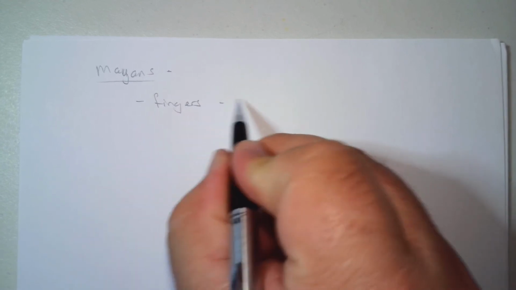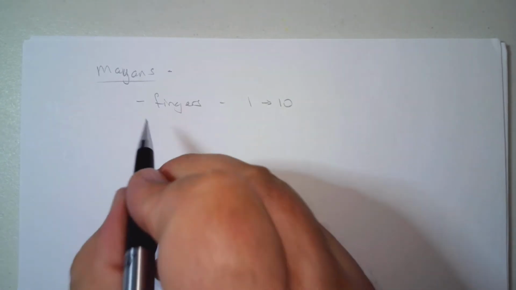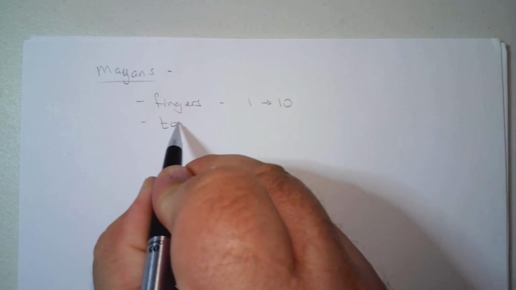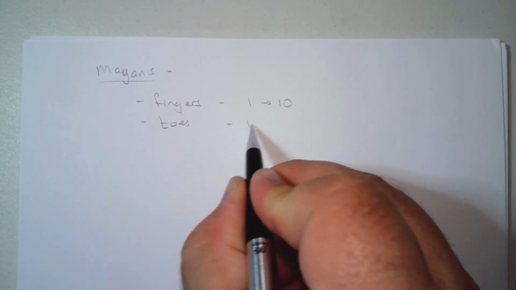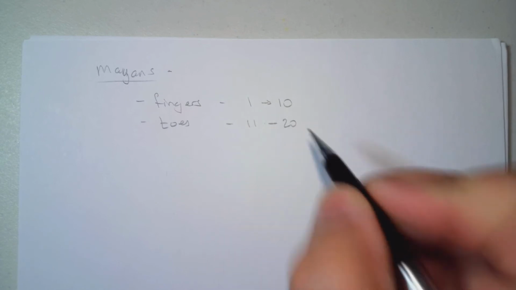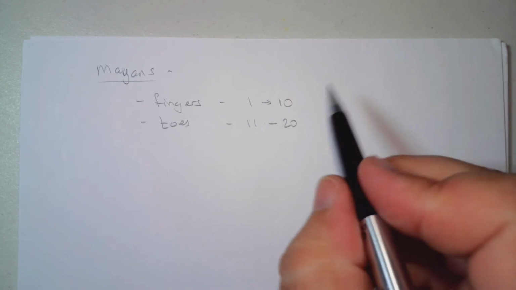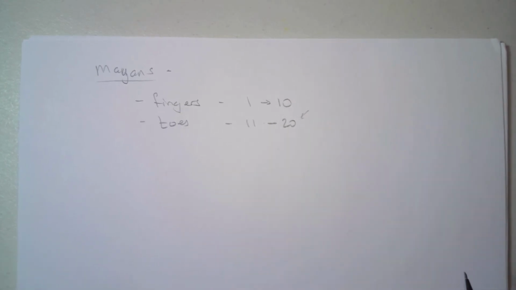With the fingers, they can count from 1 to 10. And since they're in the tropical rainforest, they have their toes, so they can add 10 more, from 11 to 20. And this number is going to be important for future reference.